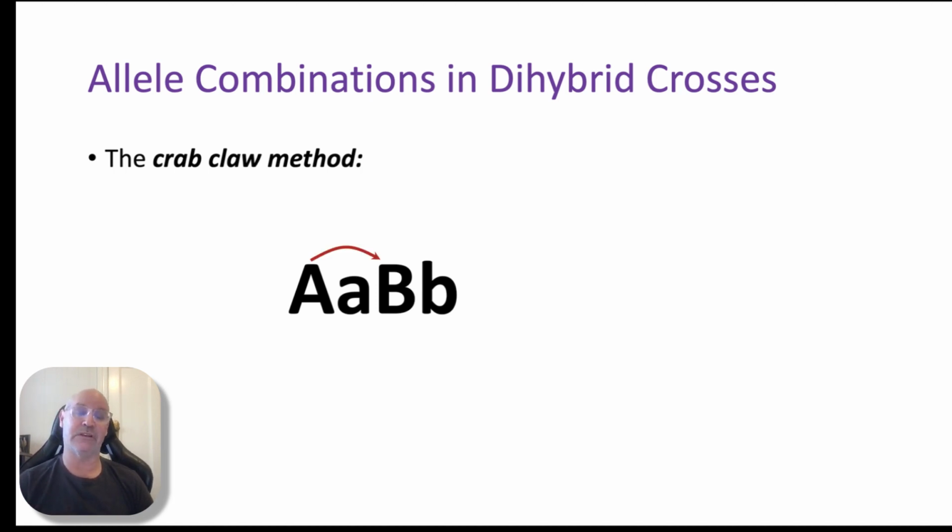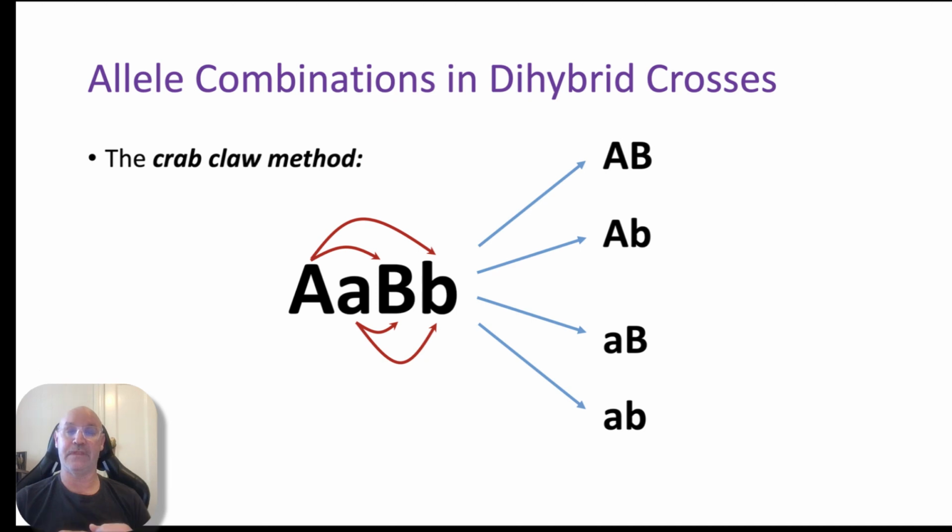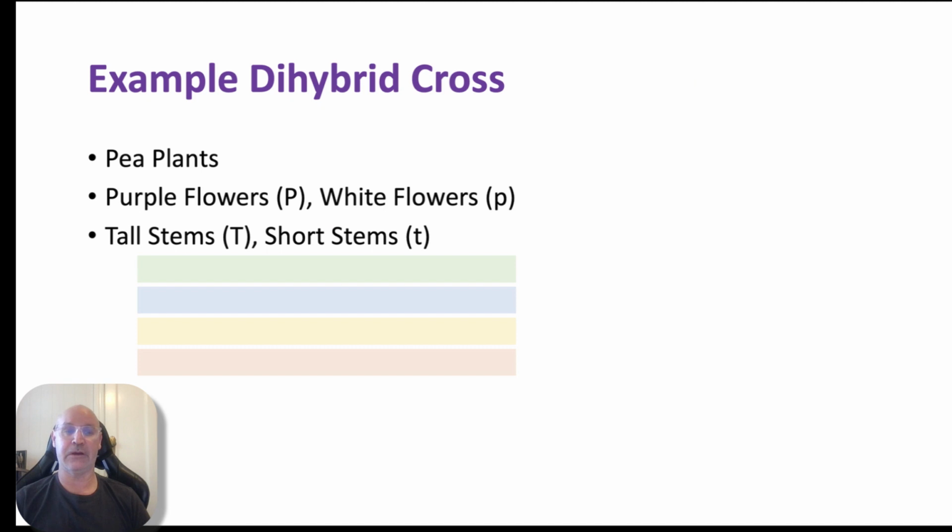First of all, we've got capital A, capital B, and then capital A, lowercase b, and then the other way around, lowercase a, capital B, and lowercase a, lowercase b. So that identifies for us the different allele combinations for our dihybrid cross. Now we need to work through and determine what the genotype and phenotype ratio is. So let's go ahead and do that.